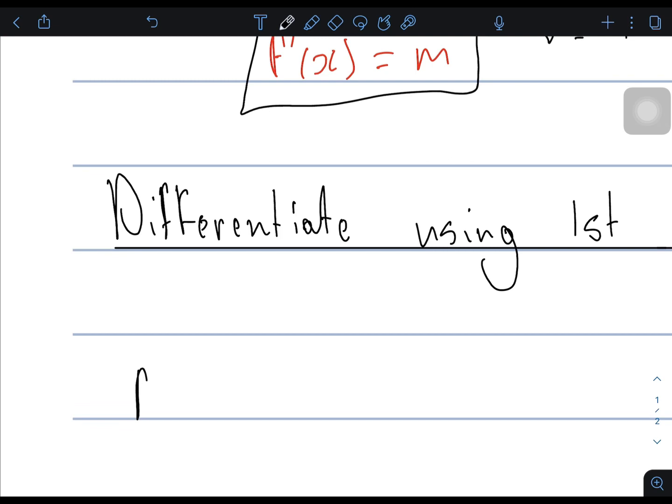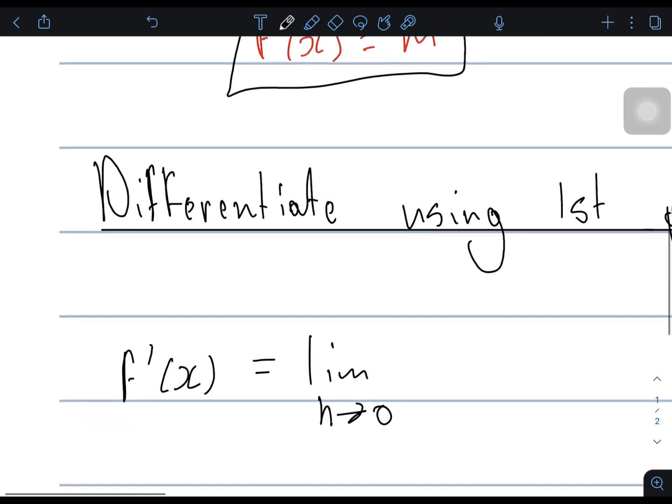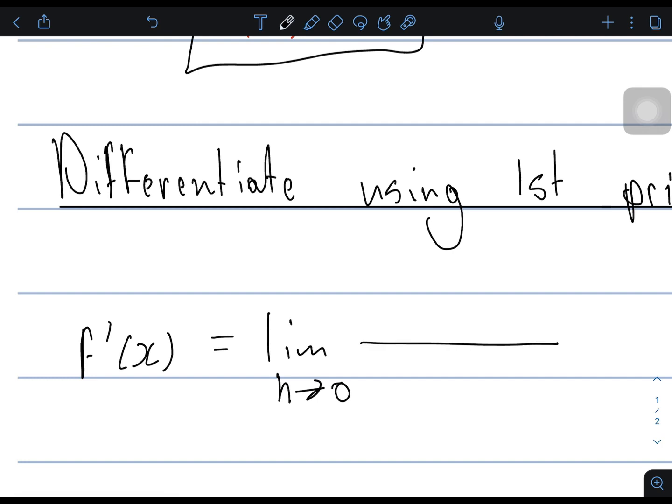We define the differentiation, which is f prime of x, the first derivative, as equal to the limit as h approaches 0 of f of x plus h minus f of x, over h.